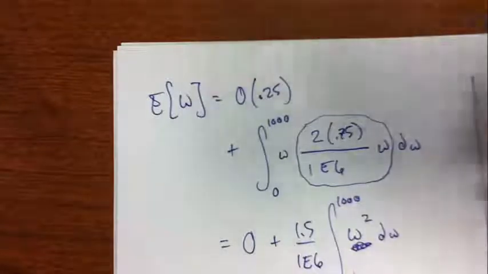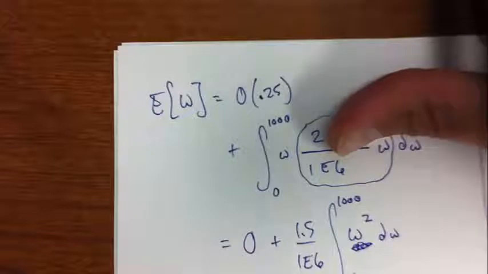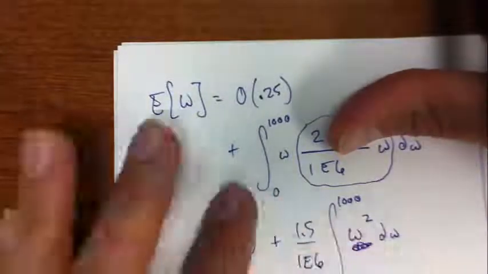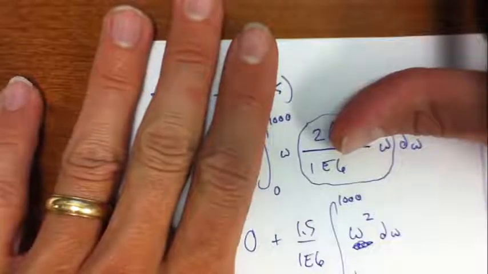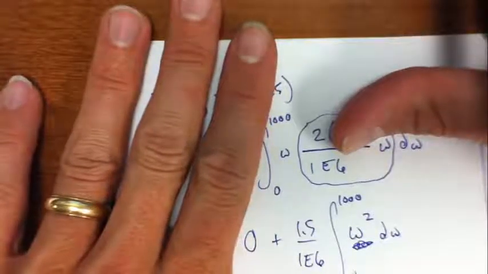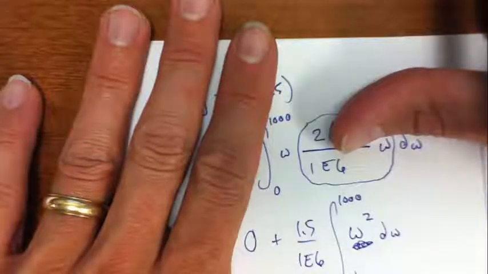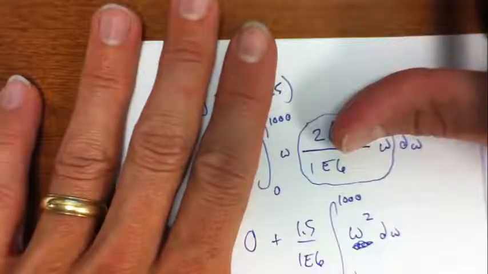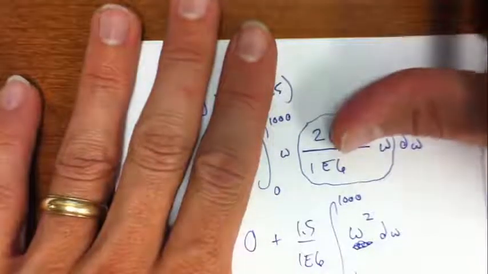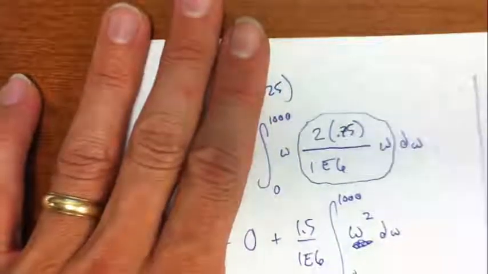If I get rid of this 75%, then what I'm left with is this integral, which is basically, if I change my distribution so that I'm not using 0 gallons, and I'm always using at least some non-zero amount of water, then this is my new expected amount of water, if I just remove this 0.75.